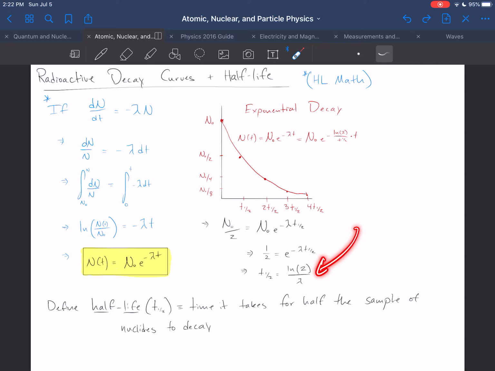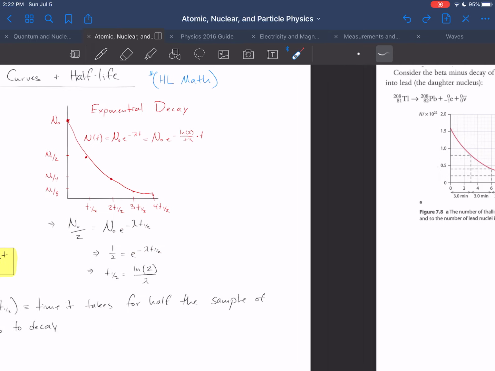This equation right here, HL physics will use. SL physics, it's just good to know, but it's the relationship between the decay constant shown in our original equation and captured here in the equation for exponential decay, and the half-life. If you know one, you can figure out the other, and vice versa.